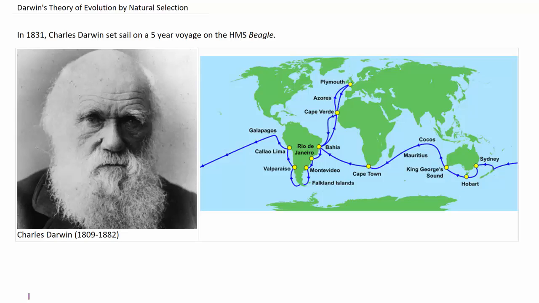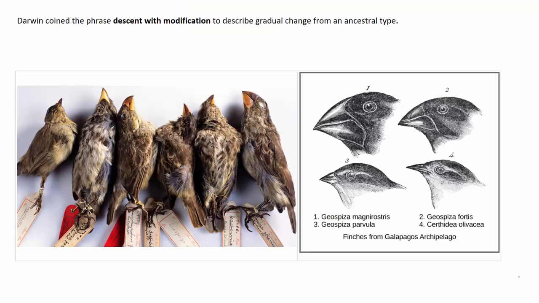And one of the things he collected in the Galapagos Islands, off the coast of South America, was different species of finches. So Charles Darwin returned from his voyage to England in 1836, and in 1837 he consulted an ornithologist, or a bird expert, by the name of John Gould about the finches that he had collected in the Galapagos Islands.